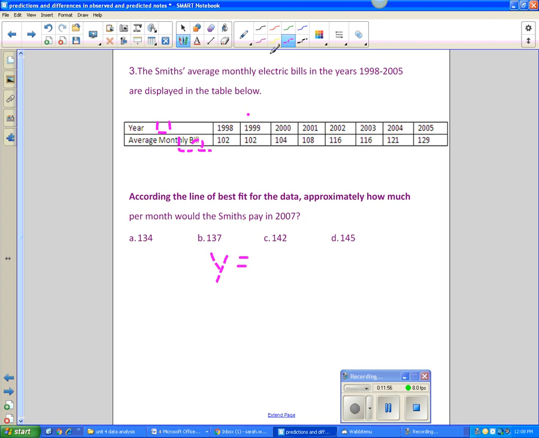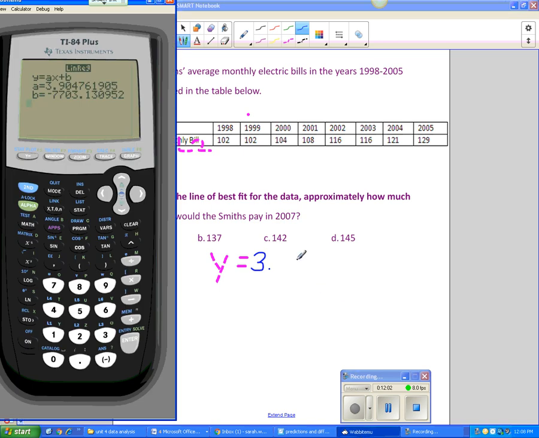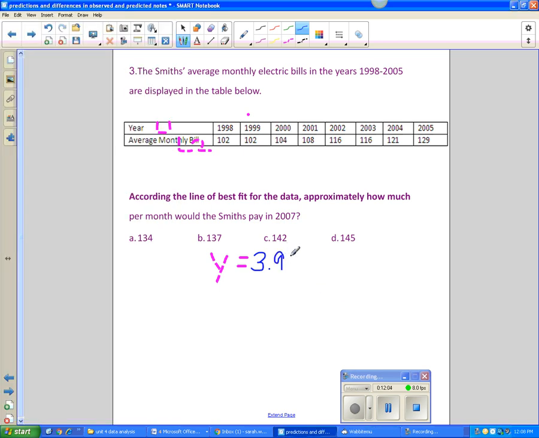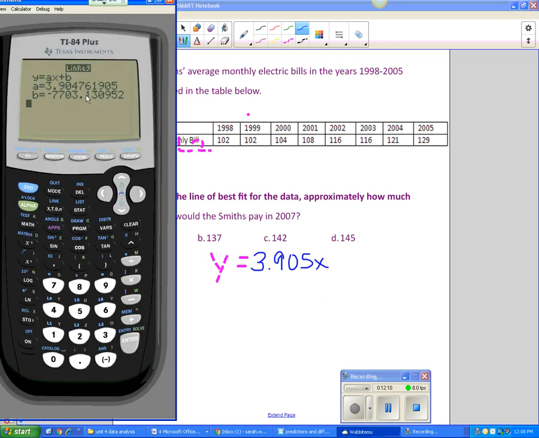Y equals 3.905. And you always put an X beside that. That's your slope. All right, the B value, negative 7703.131.